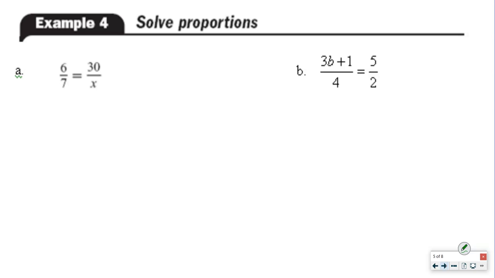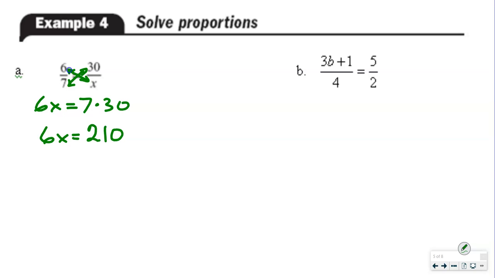So if we're cross multiplying, we're multiplying 6 times x, and 7 times 30. So that gives me 6x equals 210. 7 times 30 gives me 210.